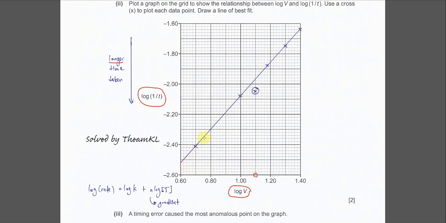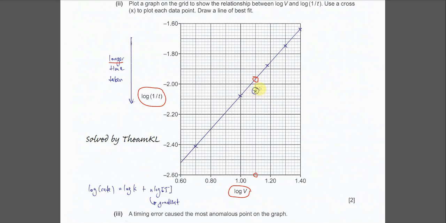In this best fit line, the log 1 over T value is supposed to be around here. Theoretically it should be around here, with a shorter time taken. So this abnormality is because of the longer time taken.